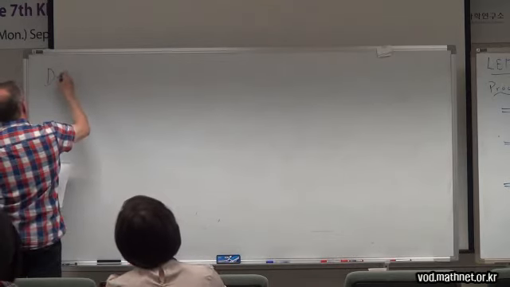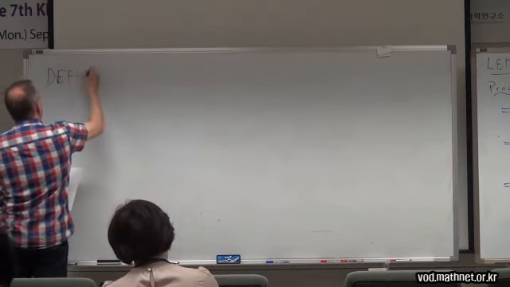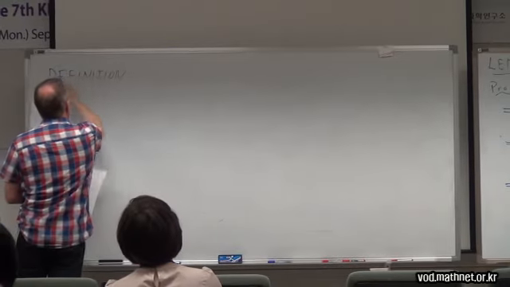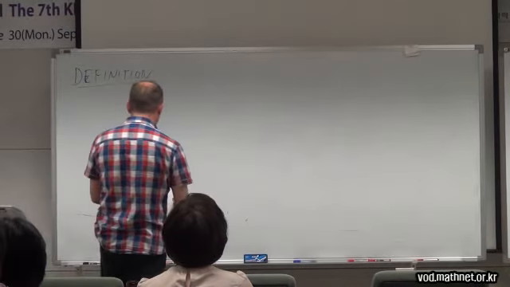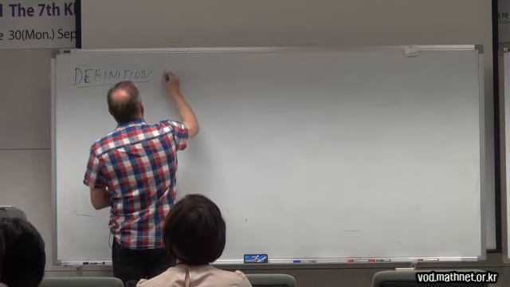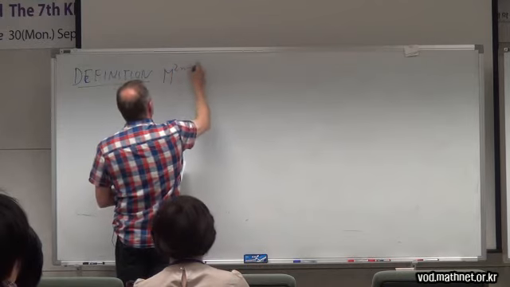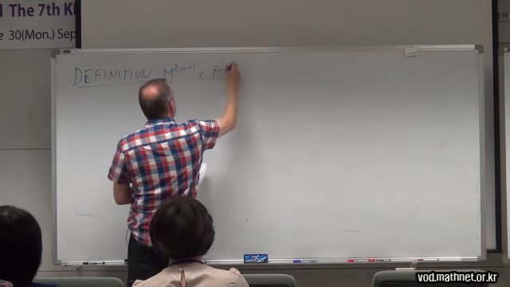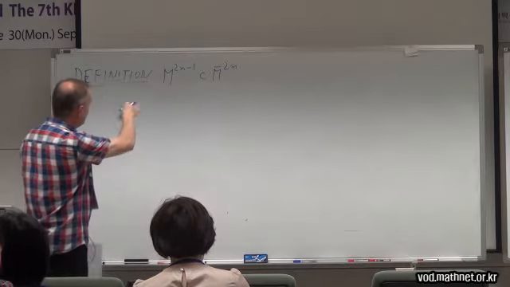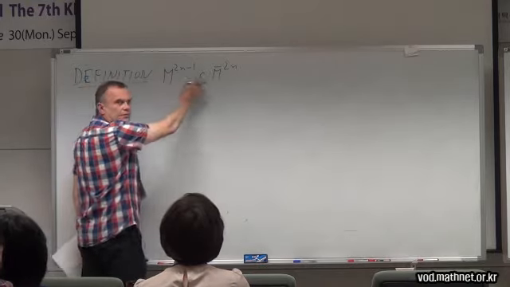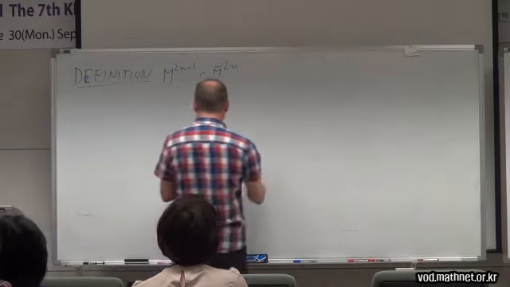Okay. So now I come with the definition. So M^(n-1) is contained in M bar^n, so it's the usual assumptions: a Kaehler manifold and a real hypersurface.